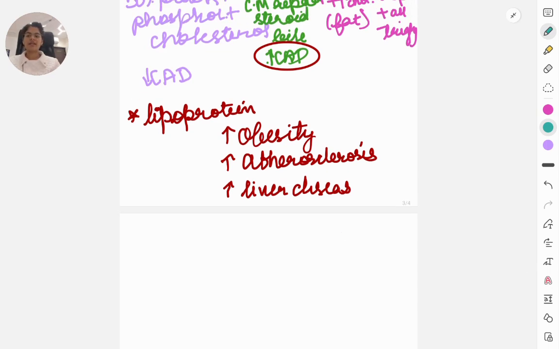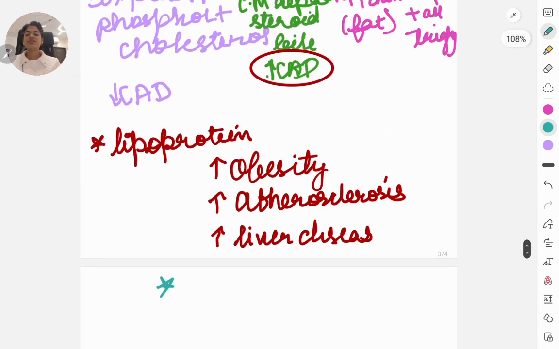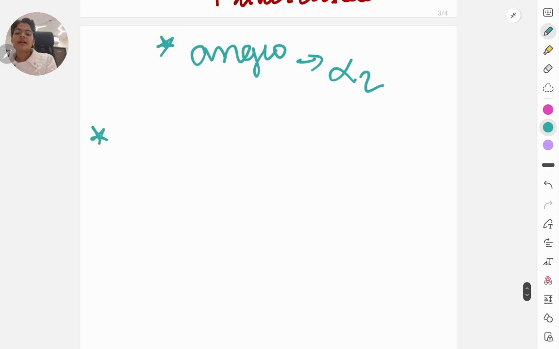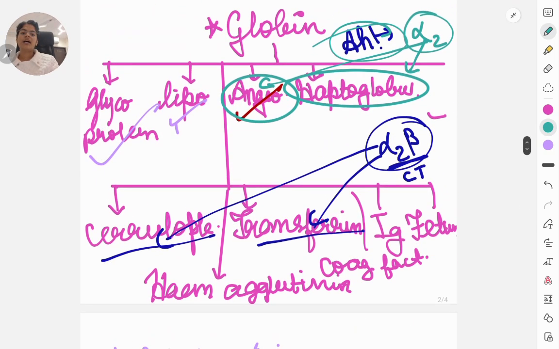Sitti is when alpha 2 beta 1, and A is when only alpha 2. So angiotensinogen has A, meaning alpha 2. Clear?